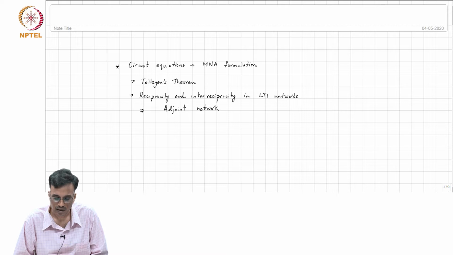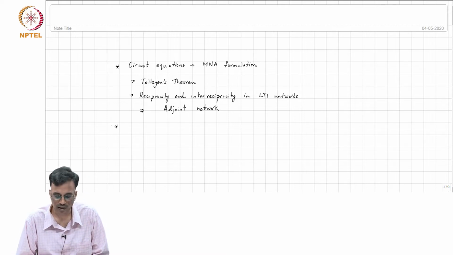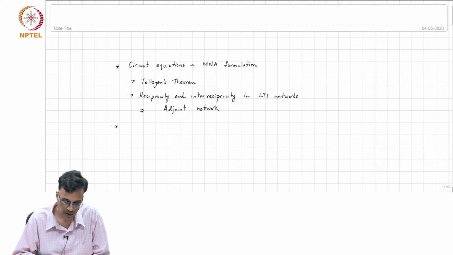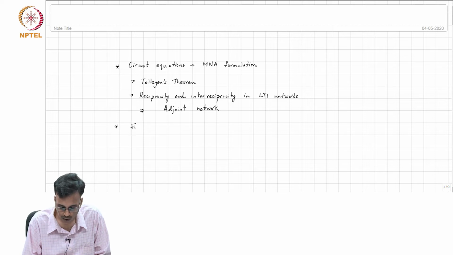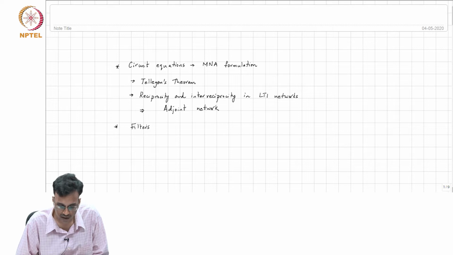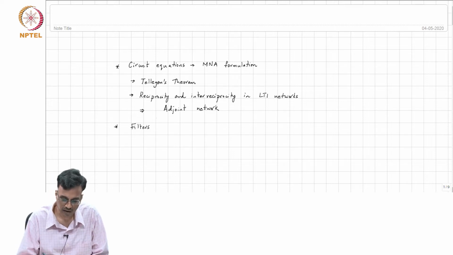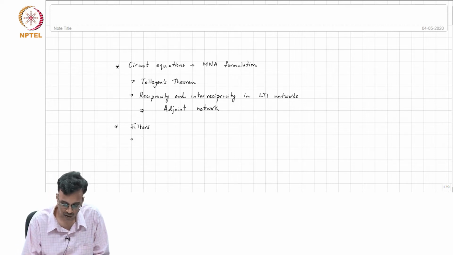And then we decided to do something useful with all this circuit equation formulation. So, we learned about filters as useful signal processing blocks that, as the name suggests, basically select a certain band of frequencies and reject others. In this, we saw magnitude approximation.